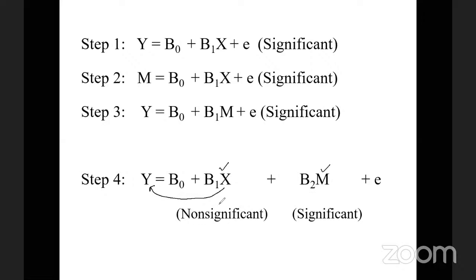If it is not significant, it means complete mediation, which means the independent variable is ineffective in the presence of the mediator. Okay.